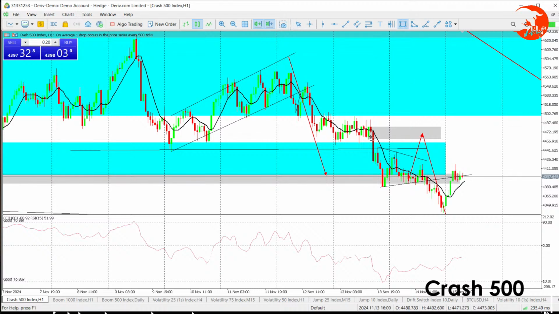This was a fair value gap in between here, in between there, so it was mitigated twice here and there, even though it didn't come to the 50% mark. So yeah, it was mitigated there.